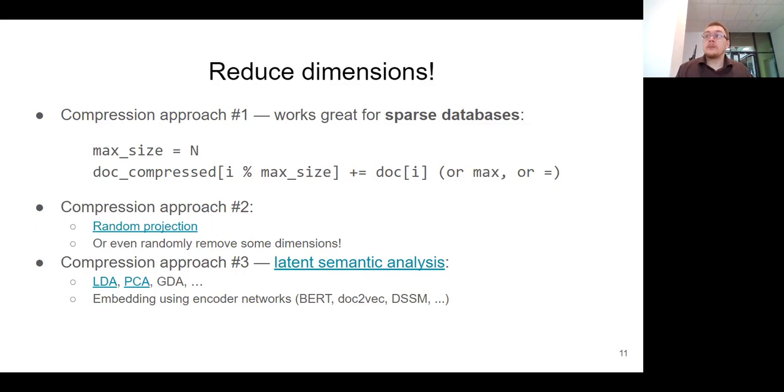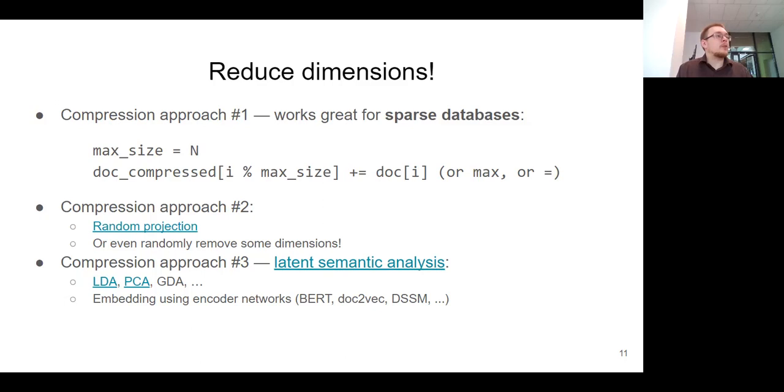Beautiful result. Still, it requires some computation, so you need to run this procedure. If you have a billion scale data set, you will need to project every point into these dimensions. It's computationally expensive. Other approaches, we will speak about latent semantic analysis, methods like LDA, PCA, and of course, contemporary approaches with neural networks.